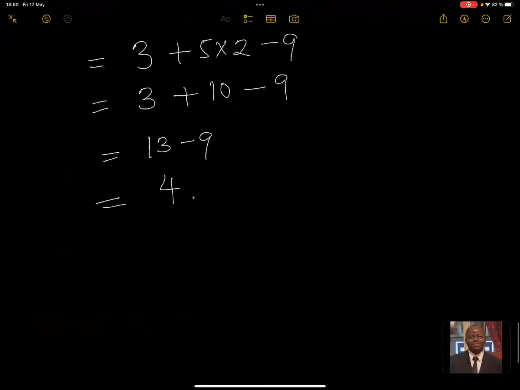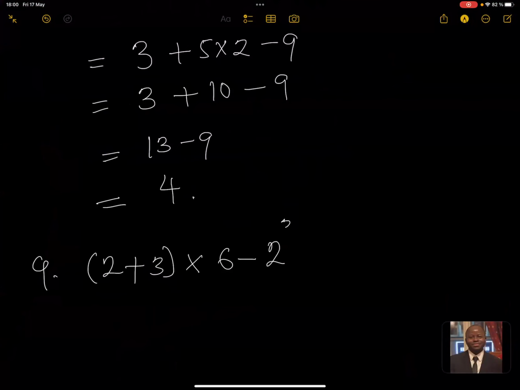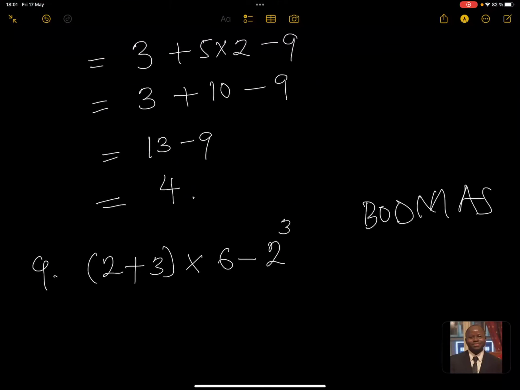So the last question for today is question 9. And it says, open a bracket, 2 plus 3, all right? Multiply by, this is interesting, 6 minus 2 to the power 3. So to deal with this problem again, we remember our BODMAS that says what?